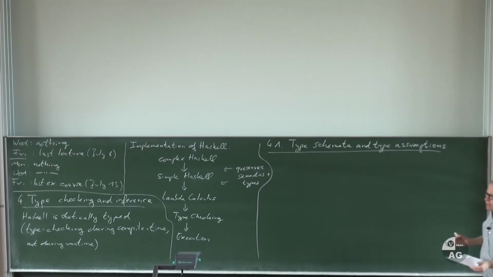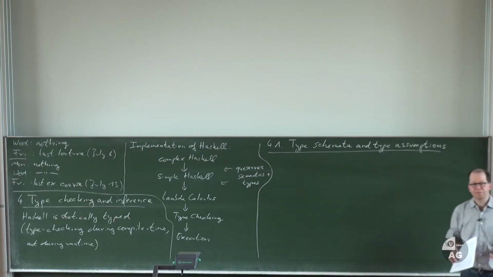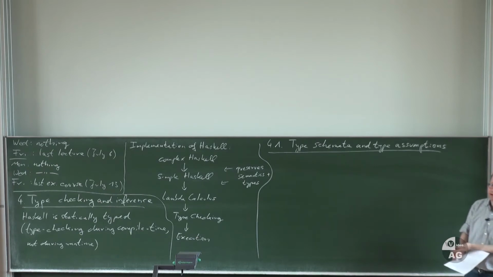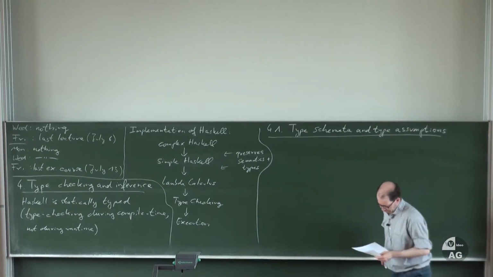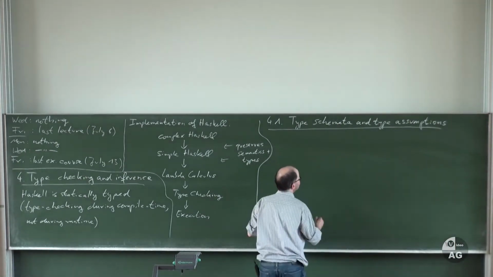Okay, the main problem with type checking in Haskell is polymorphism. So the main problem is that we have type variables. If we had a monomorphic program, then it's pretty easy. I mean, you have functions, they have certain types, you have arguments, and either the arguments are of the correct types or not. So it would be very easy if we had no polymorphism.